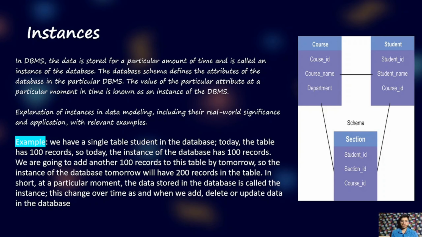Now we have instances. What instances are is basically the value of the particular attribute at a particular moment in time, which is known as an instance of the DBMS.